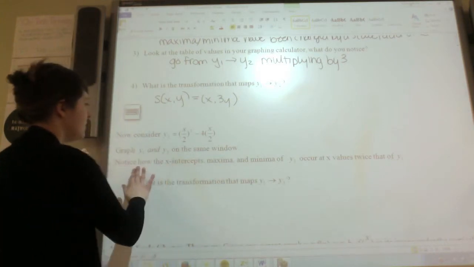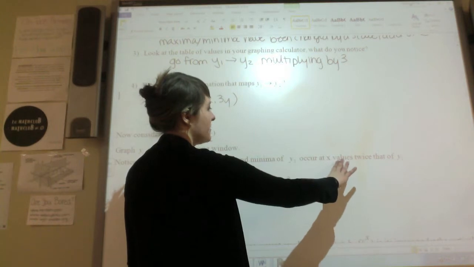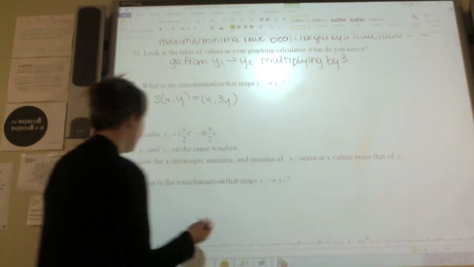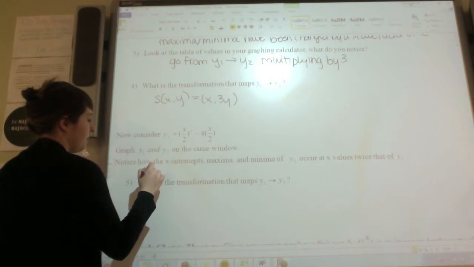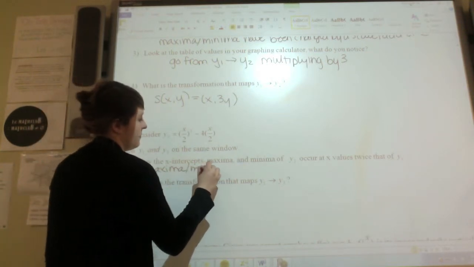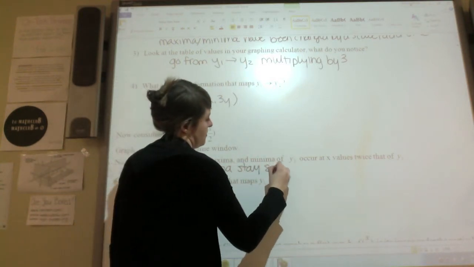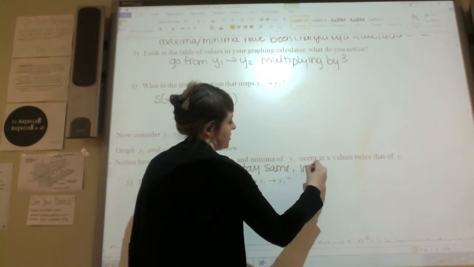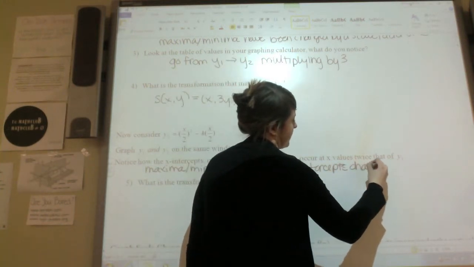So it says here, notice how the x-intercepts, maxima, and minima of y3 occur at x values twice that of y1. Okay, so the maxima and minima stay the same, and the intercepts change this time by a factor of 2.